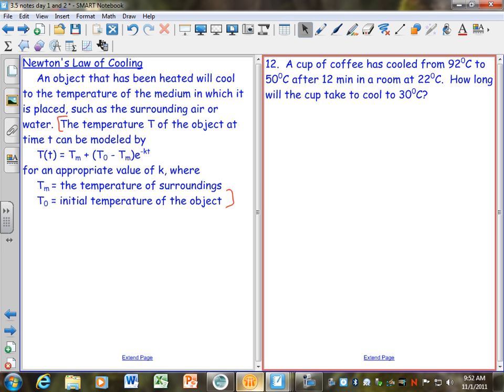It's kind of a variation problem. So if you forget that, remember that first you have to find what k is, then you're going to find whatever the problem's asking. It's not an all-at-once problem. You can't just plug it in and get the answer. You have to do two parts.